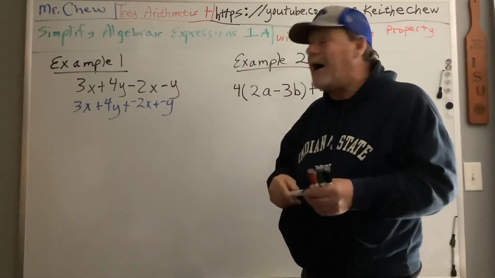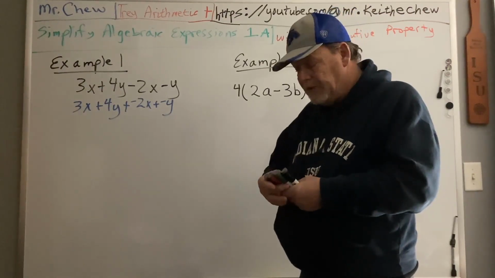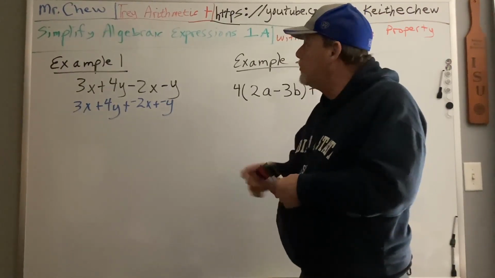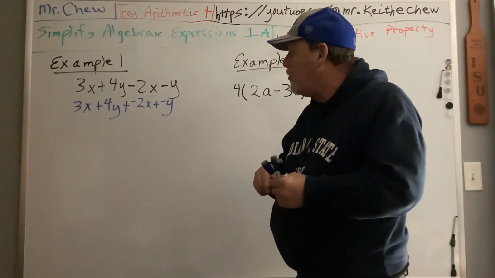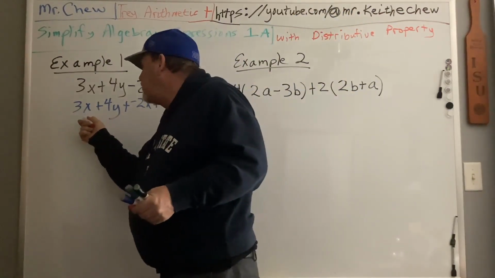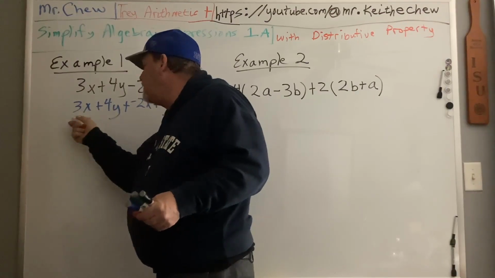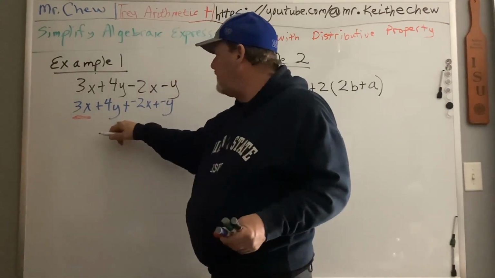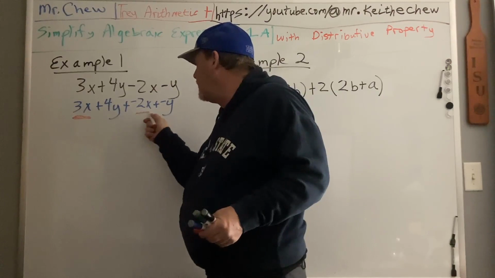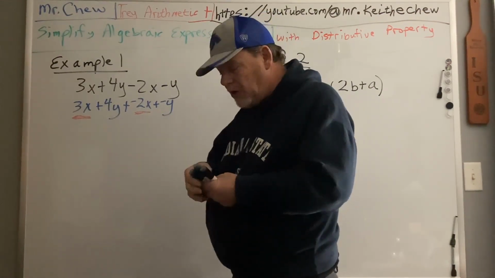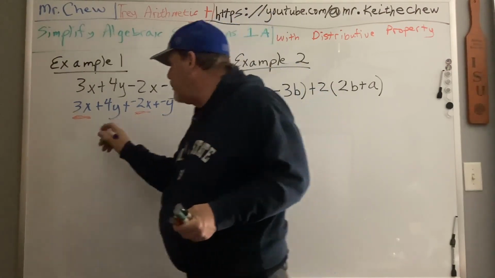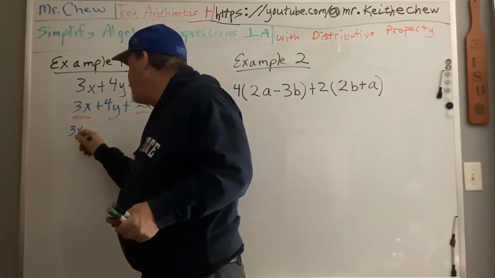Now we're going to combine like terms. When you're simplifying an algebraic expression, I'm going to take all of the terms that have an x in them. This doesn't have an x, but this one does. And this one doesn't, so I underlined them in red. I'm going to take those two and group them together.